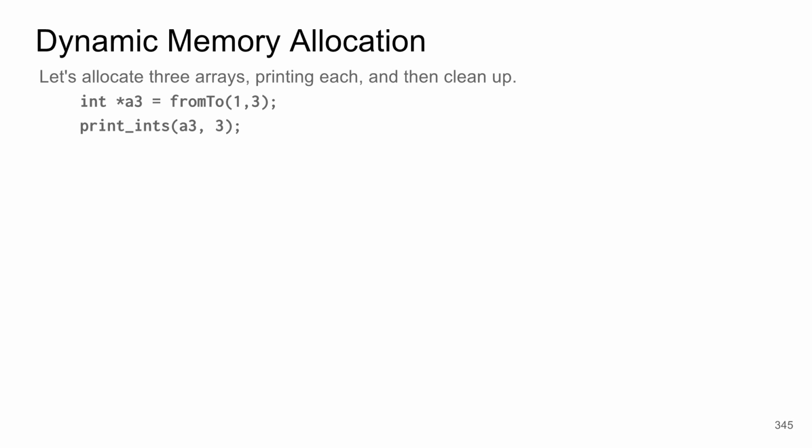So what should this print out? 1, 2, 3. 1, 2, 3, right? Because we get that array containing 1, 2, 3 from this from 2 call, and it prints out right there. Cool. What should this print out?